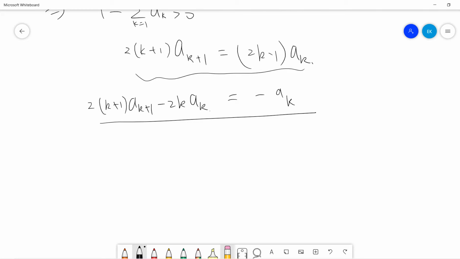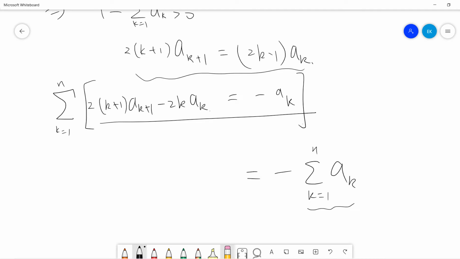Suppose I sum this from k equals 1 to n. The right hand side will be what we want, and what is the left hand side?